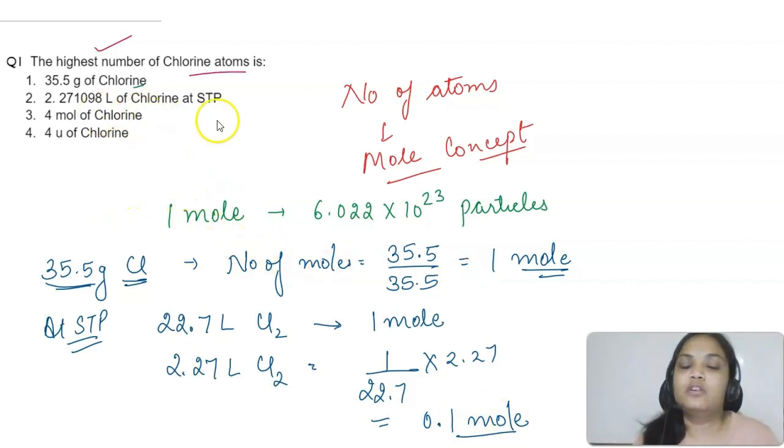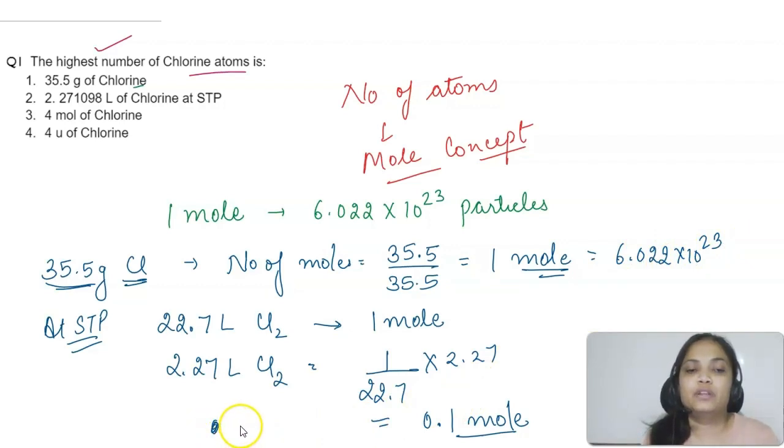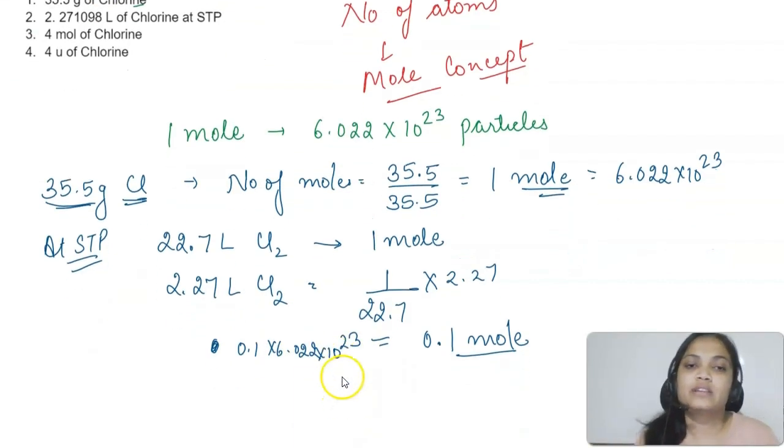Now for the third one, it is already given, that is 4 mole of chlorine. So for 1 mole, how many atoms will I have? 6.022 into 10 to the power 23 chlorine atoms. For 0.1 mole, I'll have 0.1 into Avogadro's number, so it is going to be 6.022 into 10 to the power 22 atoms.